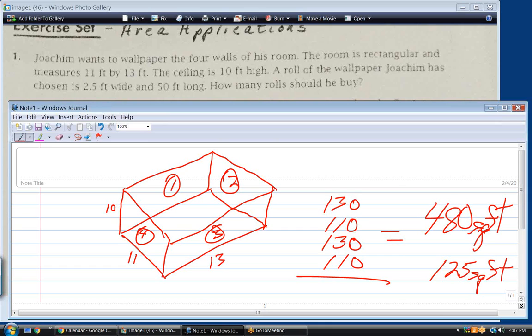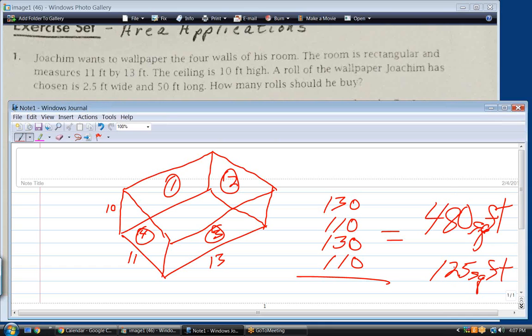For one side or the whole thing? For the whole thing. In other words, the final question is how many rolls should he buy? Well, what's the straightforward way to figure out how many he needs? I've got 480 square feet to cover.